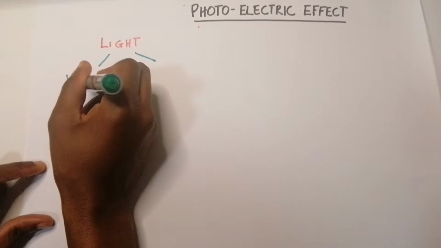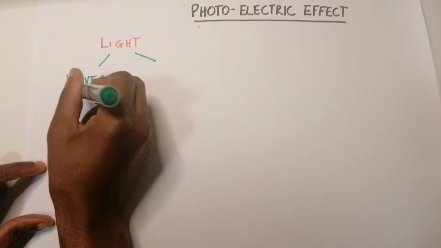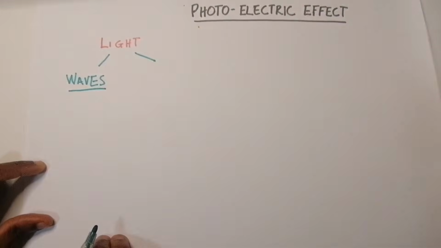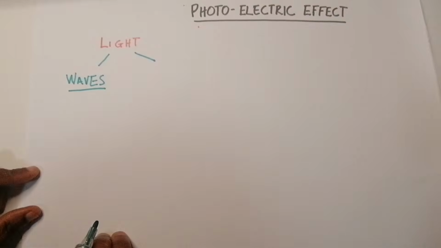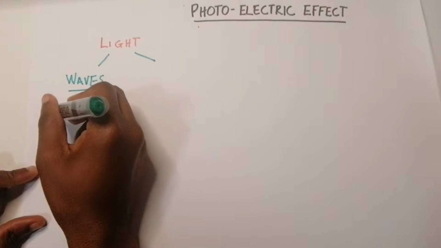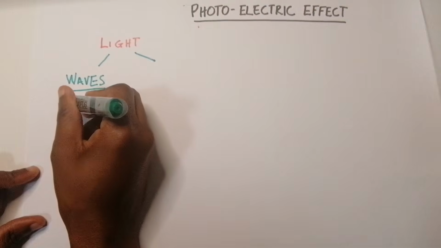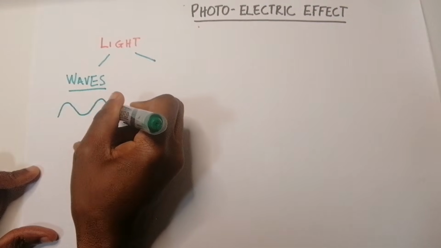The wave nature of light is what gives us things like reflection and refraction, and probably you've learned all about that in previous grades. This is where we know that light does have a wavelength, and it also has frequency.